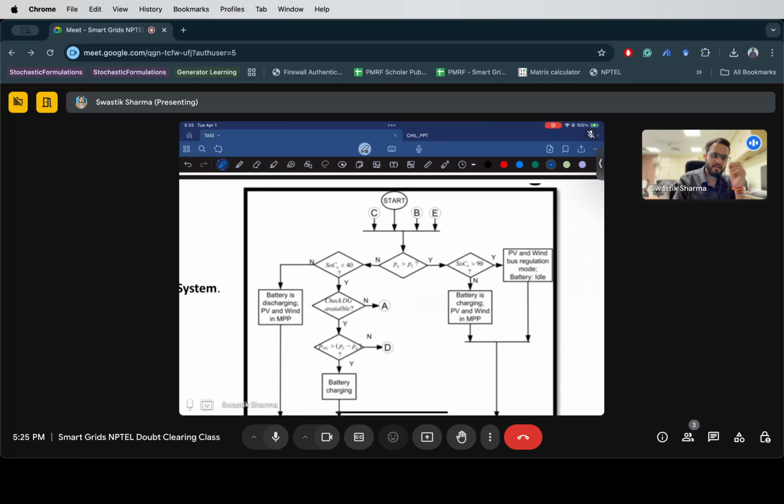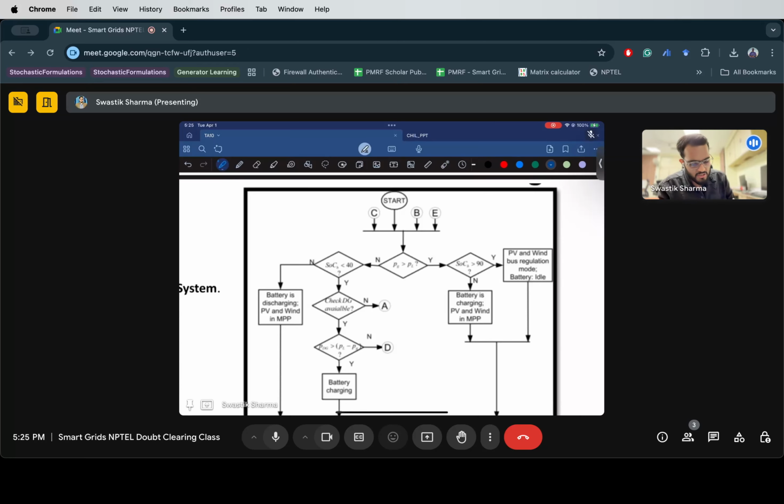It's always given in an ellipse, and any decision which has a yes or no answer, we generally give in the form of a diamond. So the first condition that we have to check, anything related to a yes or no, is modeled in a diamond structure.